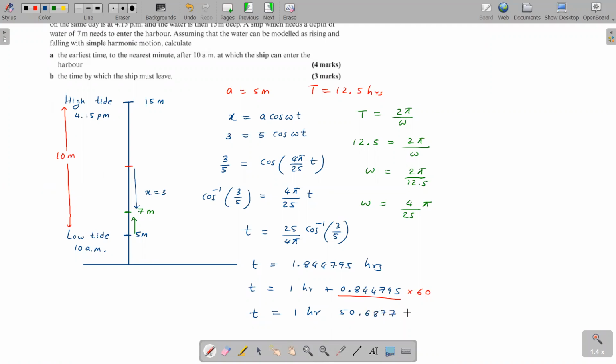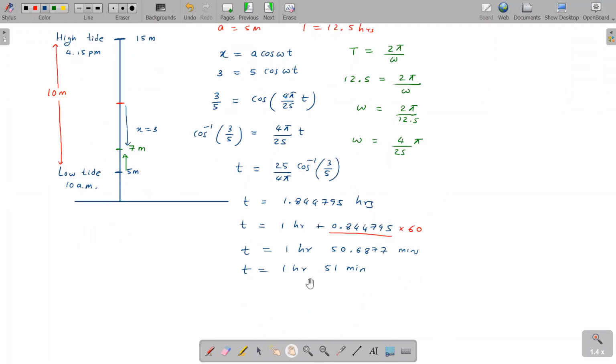It goes on. So basically, how many minutes? Nearly 1 hour and we can say 51 minutes because it's 50.6. So 1 hour and 51 minutes. So 1 hour and 51 minutes after 10 a.m., the time which the ship can enter the harbor is 11:51 a.m. So this is the first time in which the ship can enter the harbor.